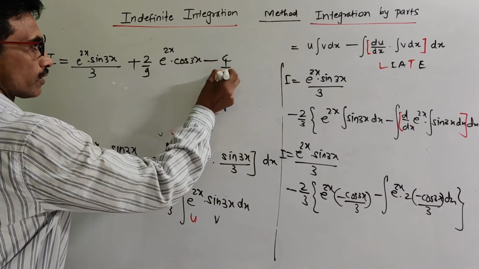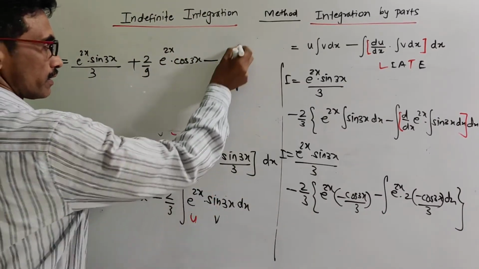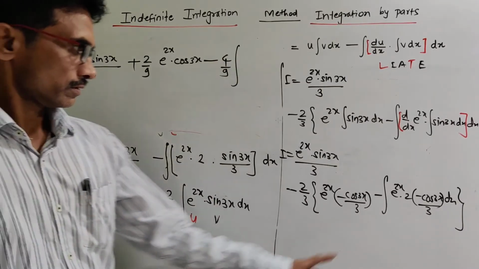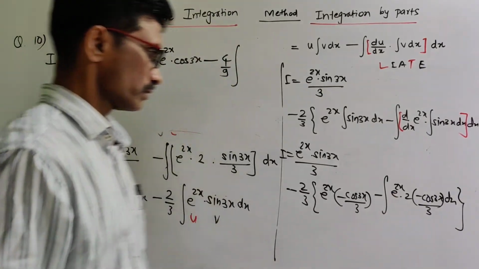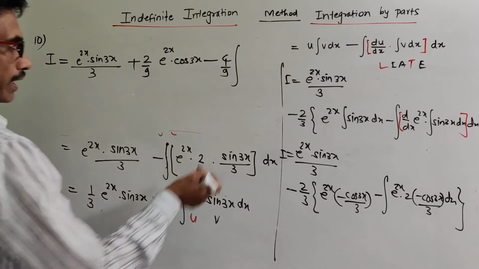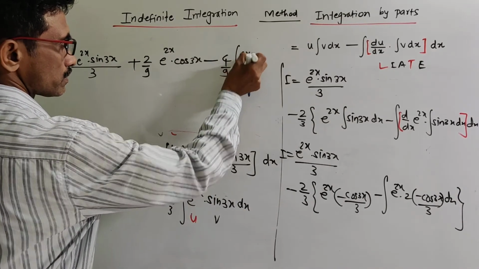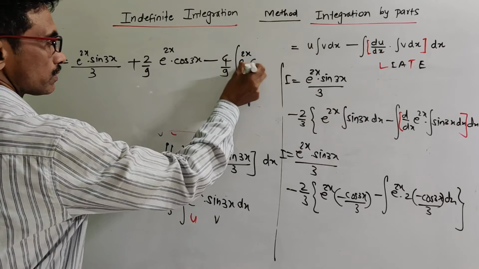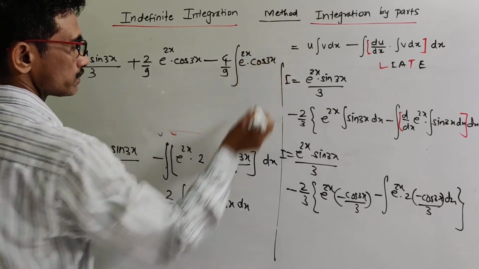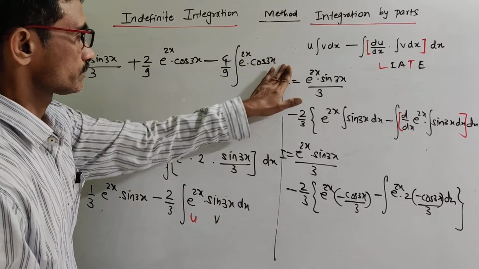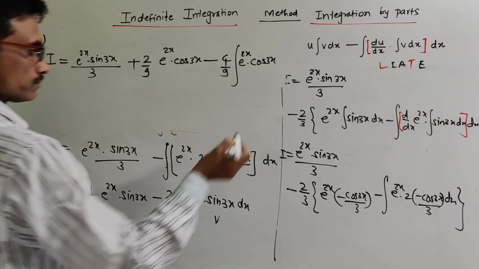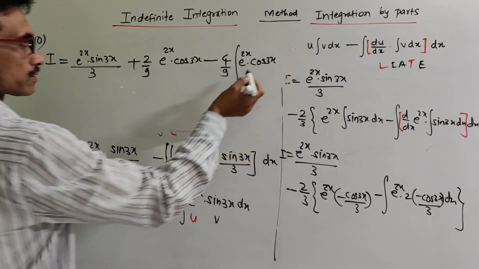Minus of 4 upon 9 integral of e raised to power 2x into cos of 3x dx.